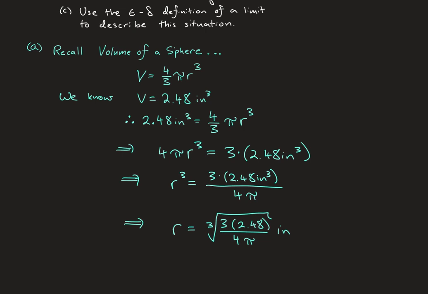Let's see. I feel like 2.48 is nicely divisible by 4. But I'll plug it into a calculator here. 2.48 times 3 is equal to 7.44, divided by 4 equals 1.86, divided by pi is equal to 0.59.